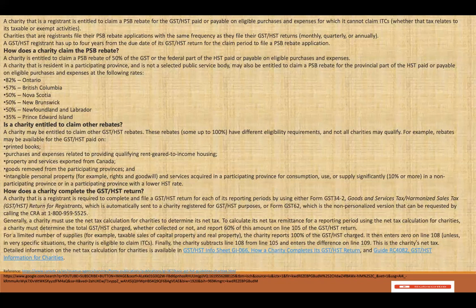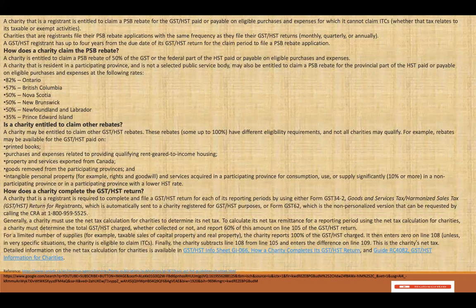So how does the charity claim these PSB rebates? A charity is entitled to claim a PSB rebate of 50% of the GST or the federal part of the HST paid or payable on eligible purchases and expenses.